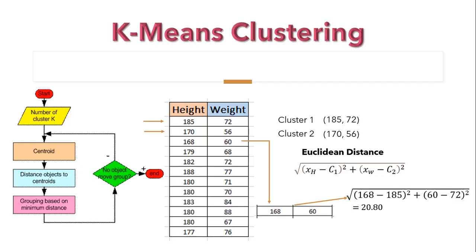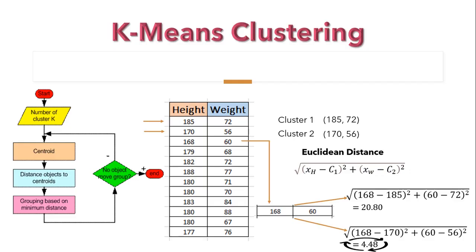Now we will calculate the Euclidean distance for row 3 with cluster 2 as well, and that would be the square root of (168 minus 170) whole square plus (60 minus 56) whole square, that is 4.48. As you can see, the Euclidean distance for row 3 with cluster 2 is less compared to cluster 1.